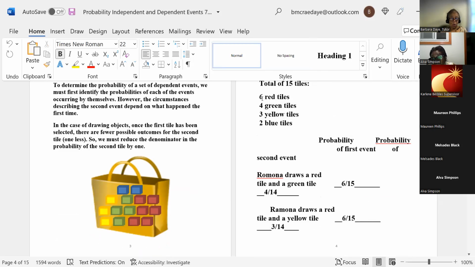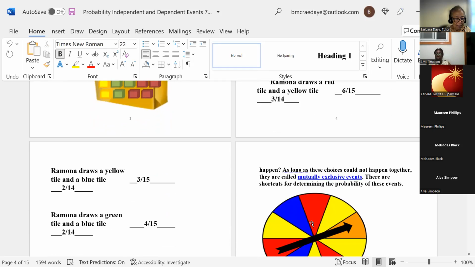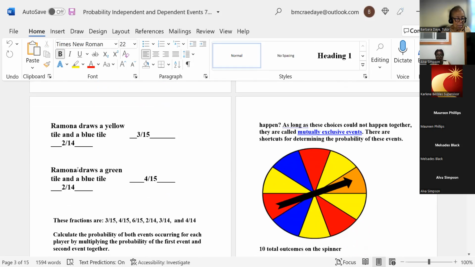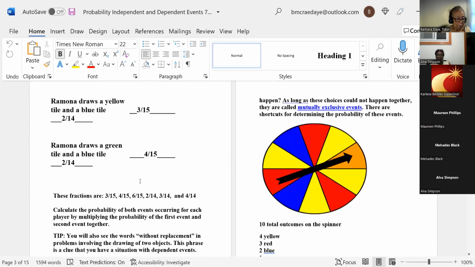So the green, you have 4, and it won't be over 15 because you've taken out a tile, right? So that's 14. The same thing if you had red and yellow. Red, 6/15. Yellow will be 3/14. And then say a green, 4/15, then 2/14.